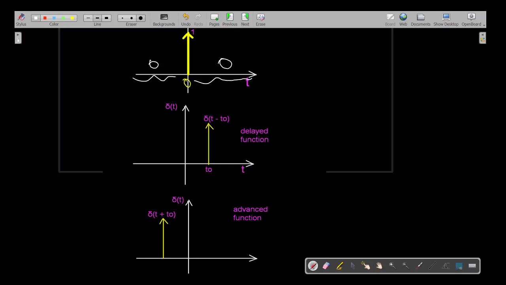Then this one is the delayed function, and we know how to represent it. It is del of t minus t naught, and this t naught can be any value. If t naught is 1, then at t equal to 1 you will have it. So it occurs after the origin 0. That's why it is a delayed function, represented like del of t minus t naught.